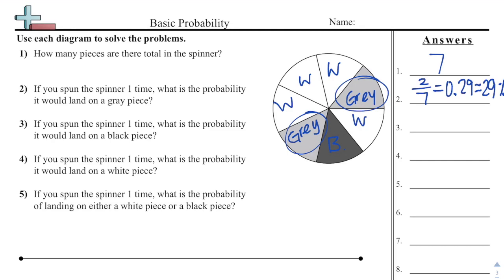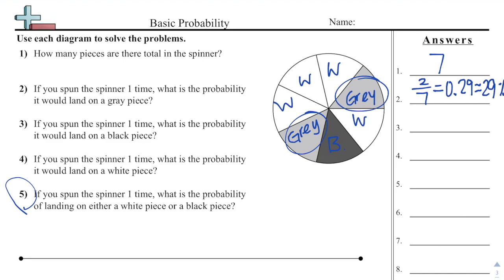So it's basically the same type of question. Let me go over number 5 and then I'll go ahead and move on to the next section. Okay. So if you spin the spinner one time, I'm on number 5. What is the probability of landing on either a white space or black space?